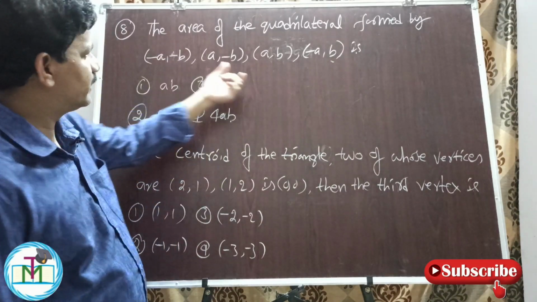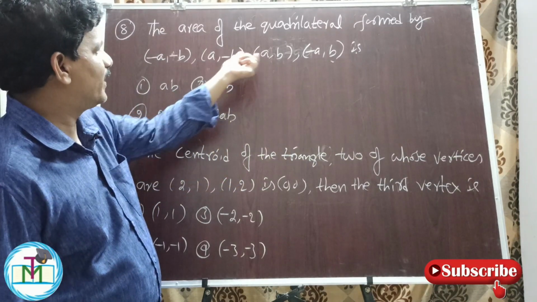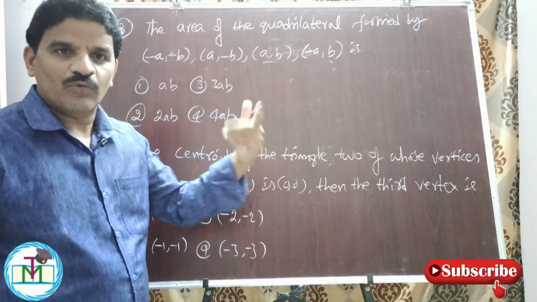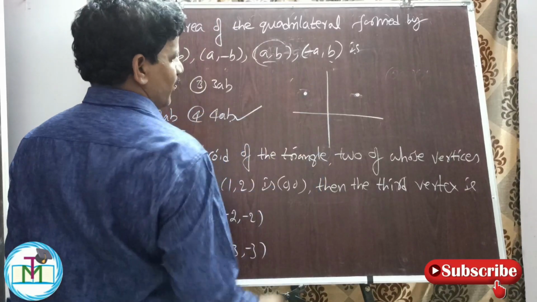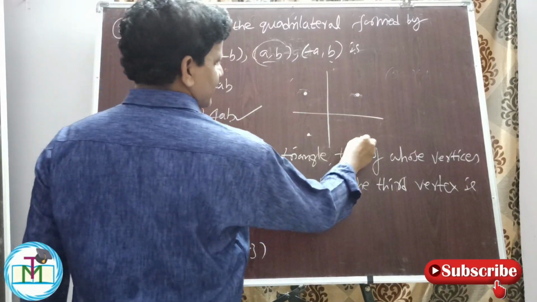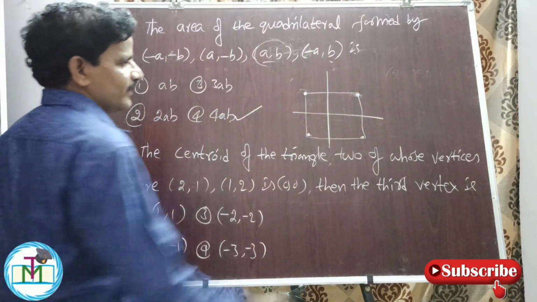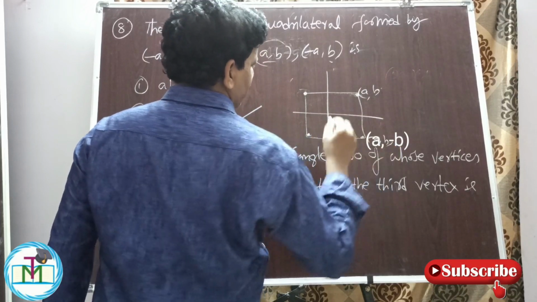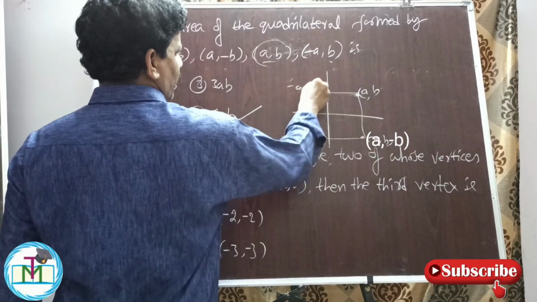Or when you look at this type of vertices, (minus a, minus b), (a, minus b), (a, b) and (minus a, b), when I put all these points on a graph sheet, what happens? See here, it is like a rectangle. Here it is (a, b), here it is (minus a, b), this is (minus a, minus b), this is (a, minus b).